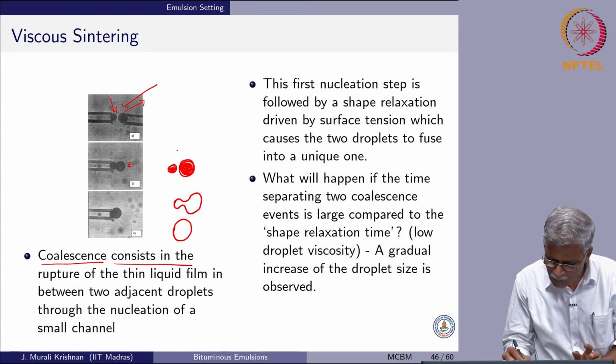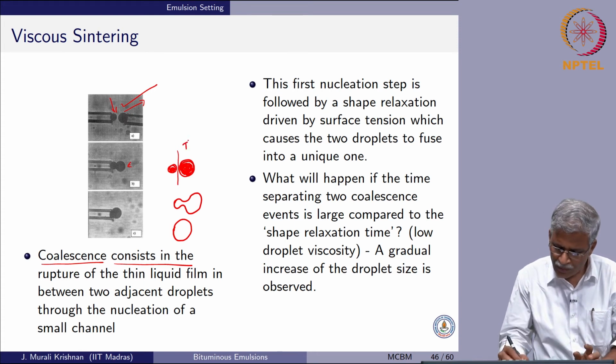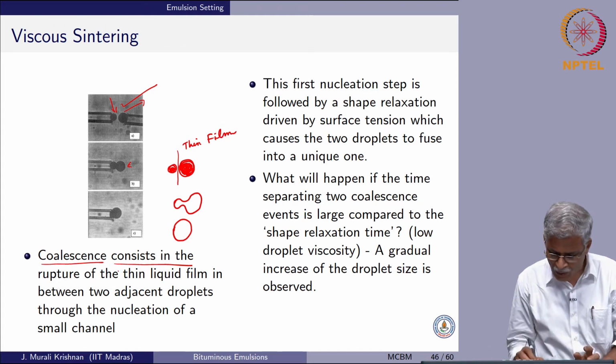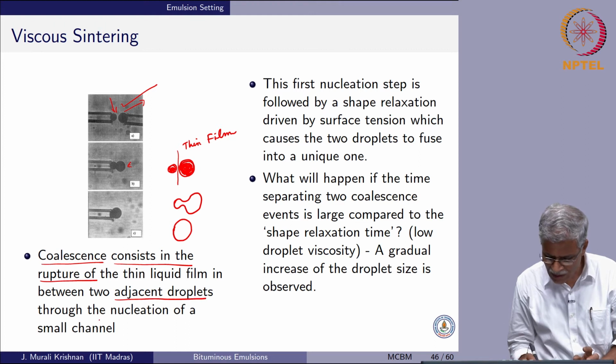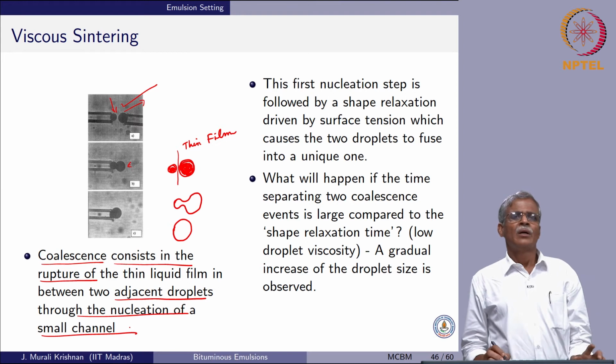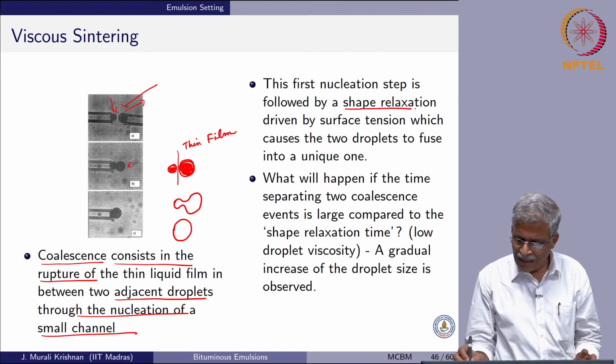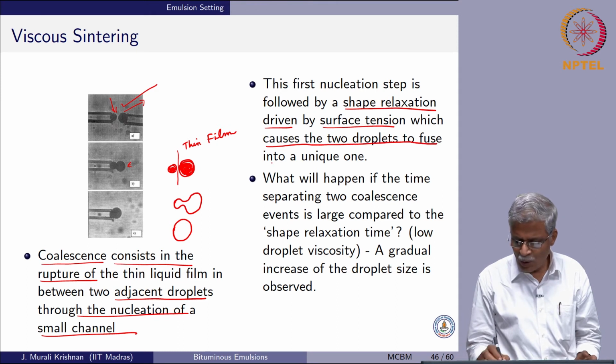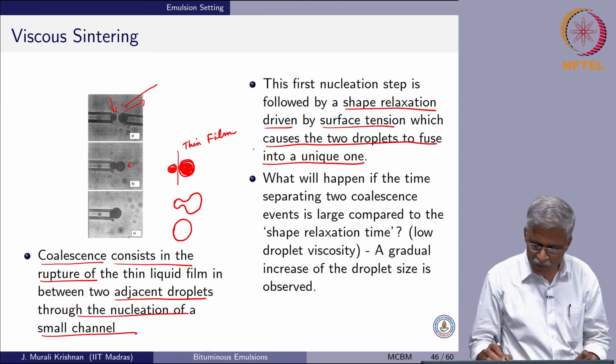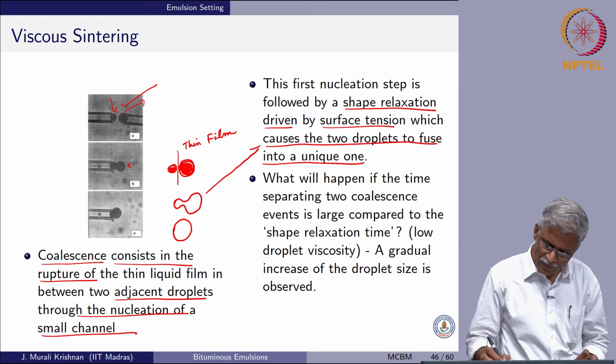There is a small thin film. So, we rupture the thin film between the two adjacent droplets through the nucleation of a small channel. The first nucleation step is followed by a shape relaxation driven by surface tension, which will basically cause the two droplets to fuse into a unique one, this one.